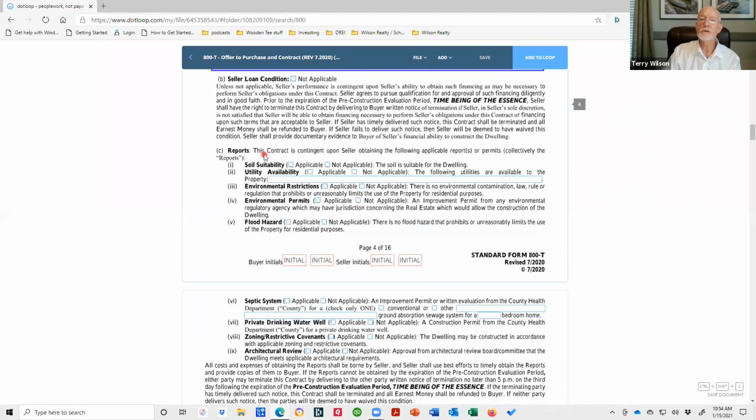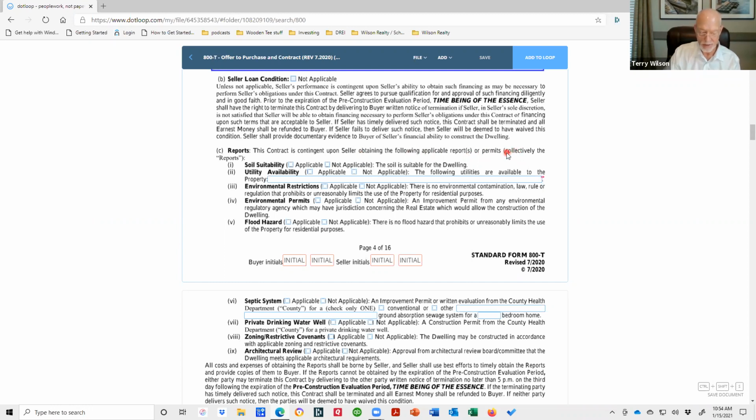This contract, here's another one where, again, normally our contracts have no contingencies, but this one has contingencies, which is interesting. This contract is, and even says it, contingent upon the seller, not the buyer, the seller, being able to obtain the following applicable reports and permits, collectively known as reports.